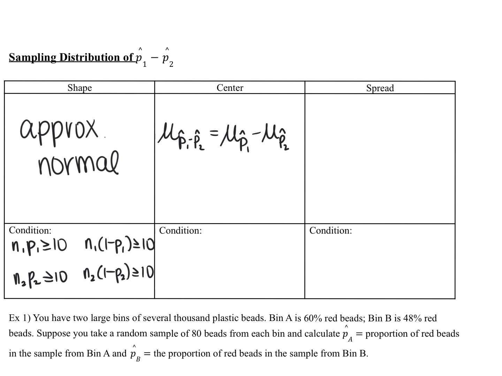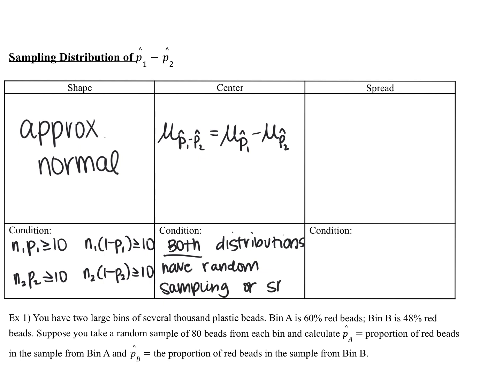The condition here is that both distributions have random sampling or an SRS. So either you collect your sample randomly, or you assign people to a group randomly.